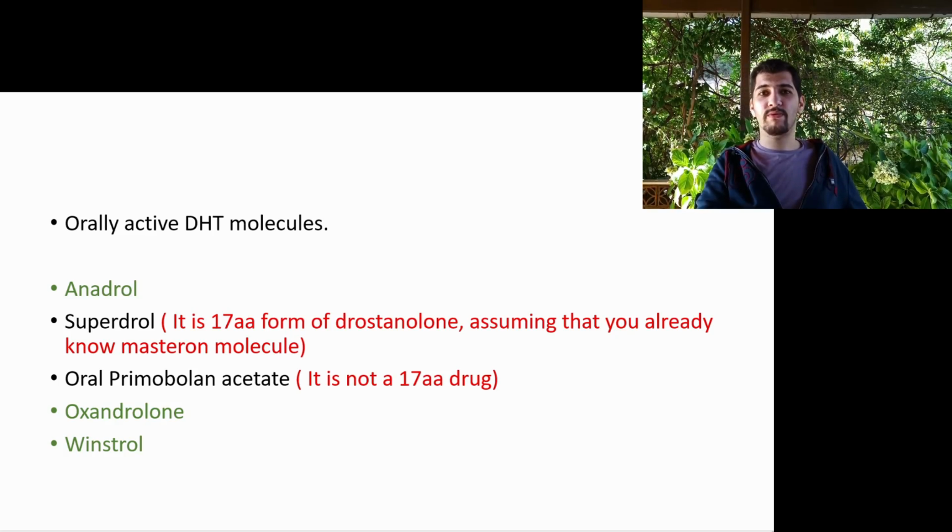Probably you might have previously at least heard that superdrol is technically the C17 alpha alkylated version of drostanolone.